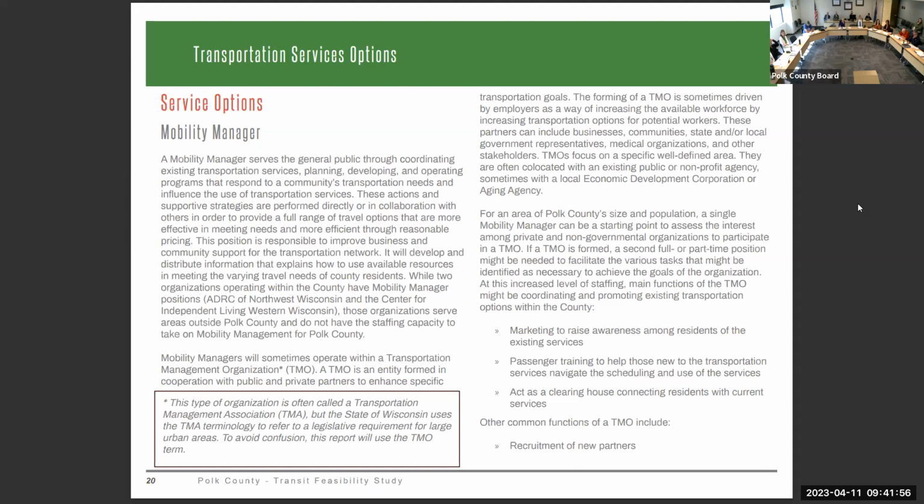TMOs can do things like set up van pool solutions. Those are particularly for large employers, where they can have 5 or 6 people in a van pool. They split the costs of that, and then it's also subsidized sometimes through federal, state, or local funding.